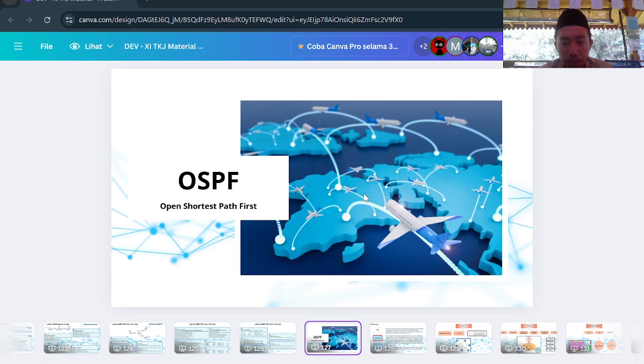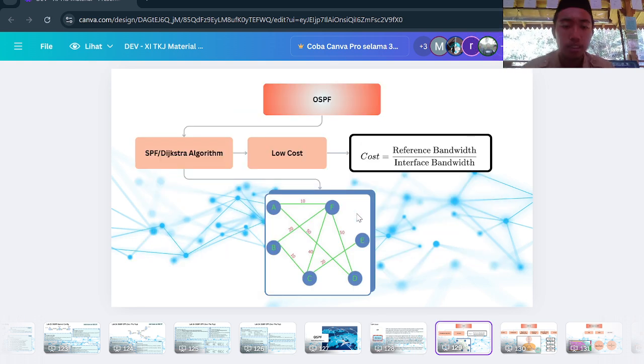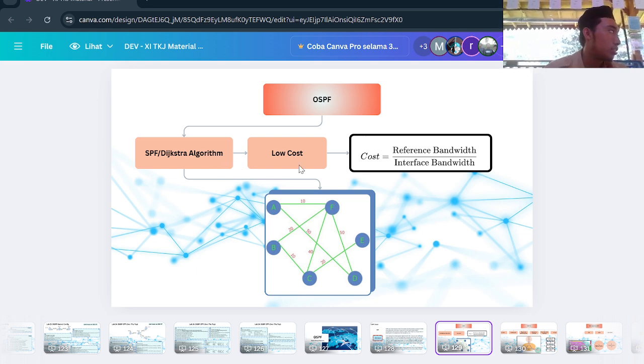So this is the explanation about the OSPF details. OSPF uses the SPF algorithm, or Dijkstra, and the SPF algorithm chooses the lowest cost for the best path. So how do we count the cost?